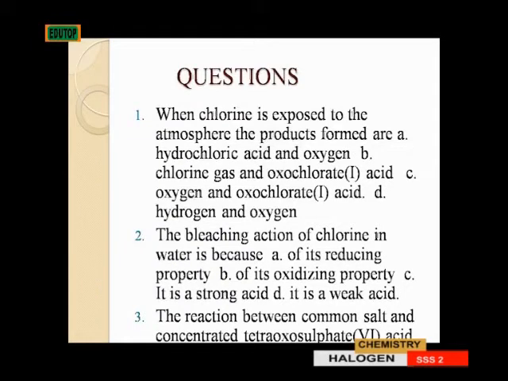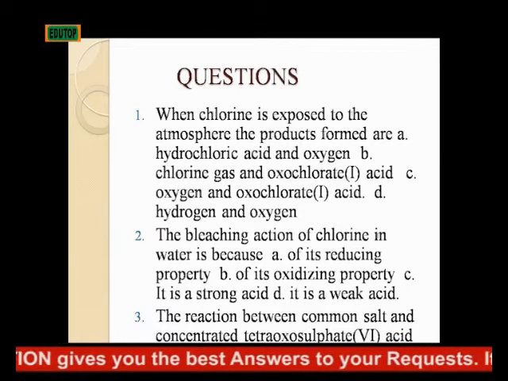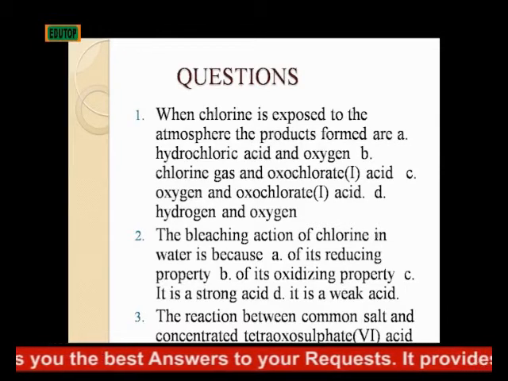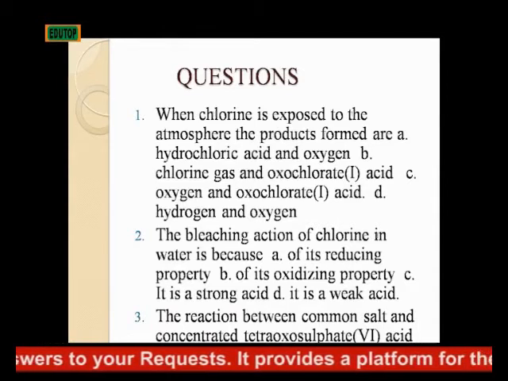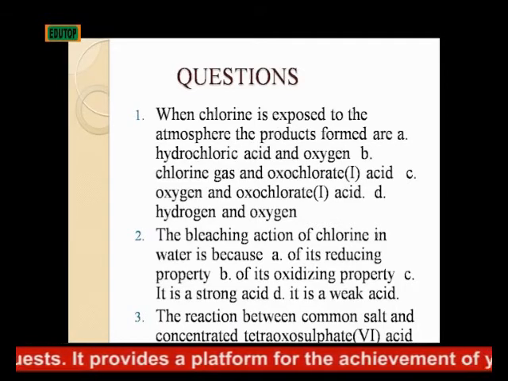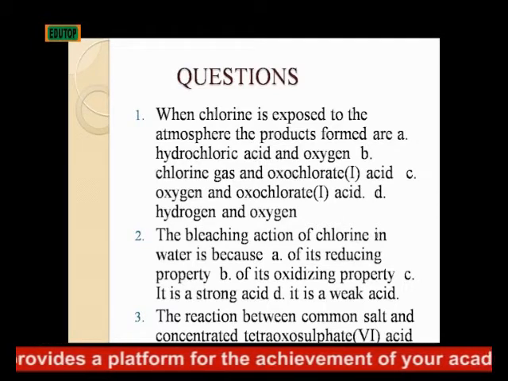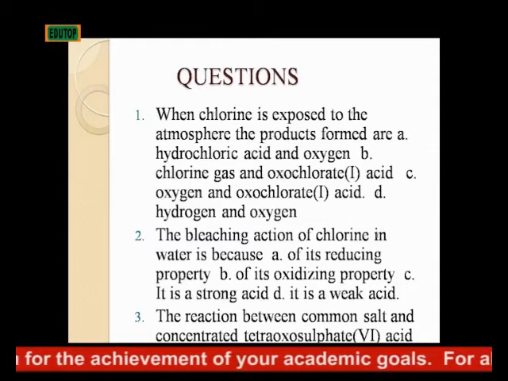Questions. 1. When chlorine is exposed to the atmosphere, the products formed are: A. hydrochloric acid and oxygen. B. Chlorine gas and oxochlorate(I) acid. C. Oxygen and oxochlorate(I) acid. D. Hydrogen and oxygen. 2. The bleaching action of chlorine in water is because of: A. its reducing property.